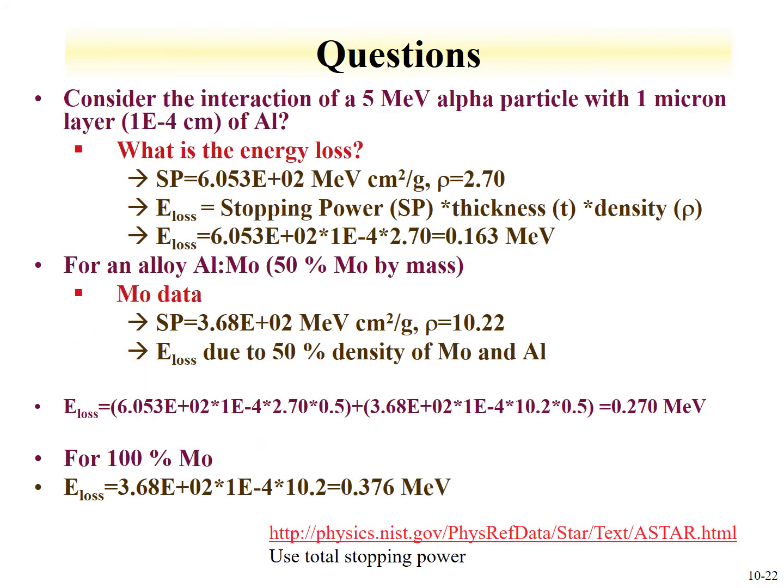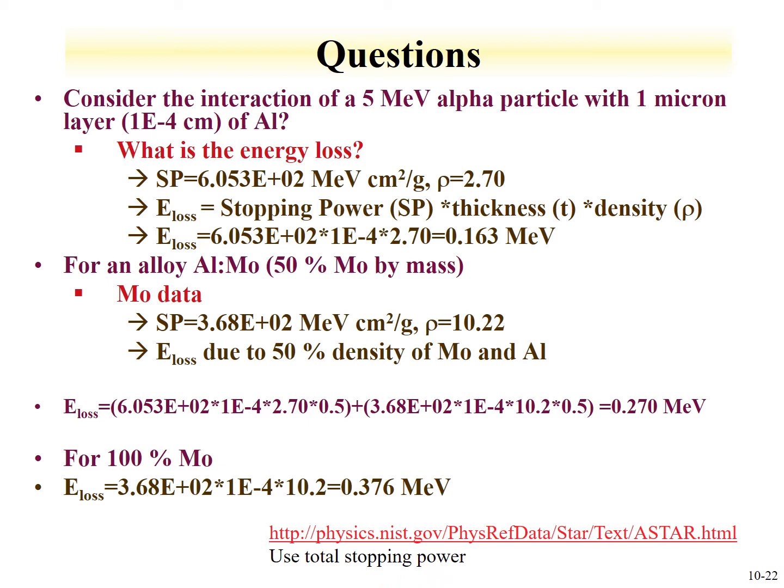Other questions you should be able to answer have to do with utilization of stopping power. Remember, we looked at stopping power for protons through the PSTAR, electrons through the ESTAR data. Here we're going to look at alpha particles through the program ASTAR. Use the total stopping power that's available from this site.